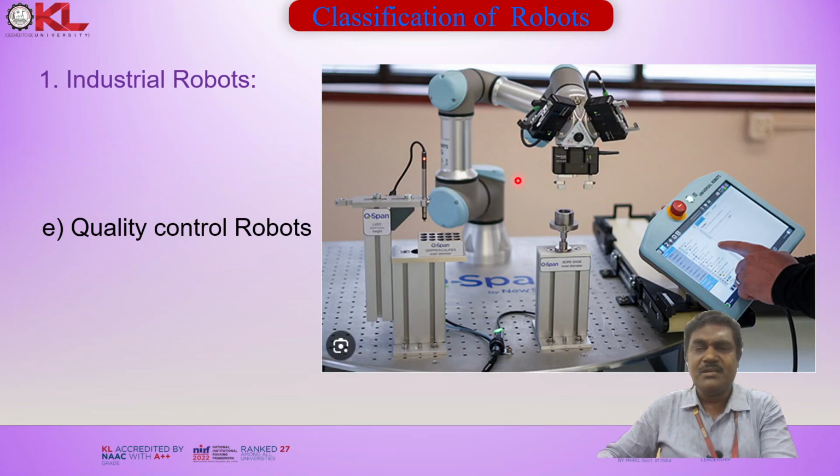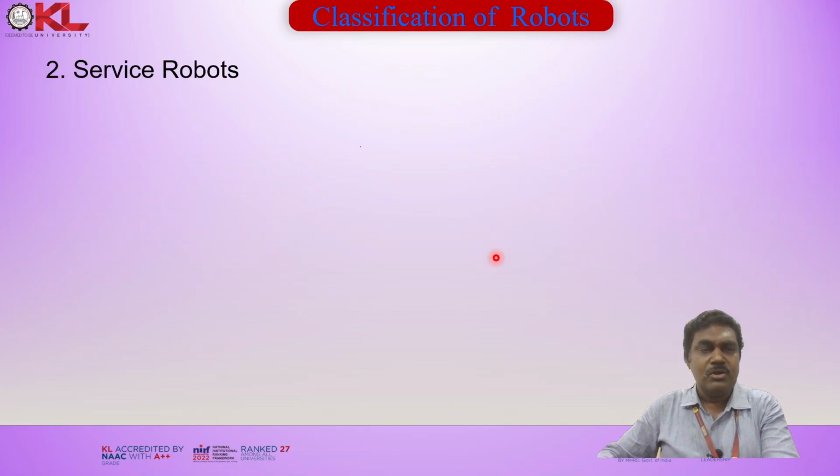You can observe on the screen how you can check the quality. It may be the dimensional quality, or the surface quality, or the thickness of the paints used on the parts. Likewise, different categories of inspections we can perform, and that quality you can assess with the help of the robots. Those come under quality control robots.